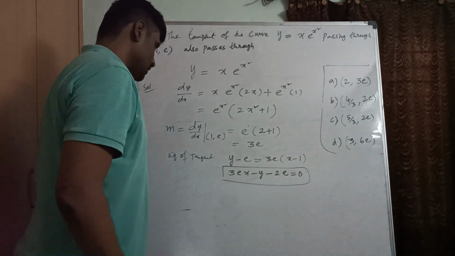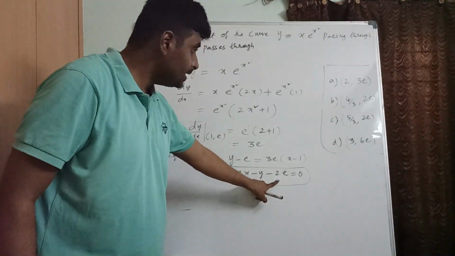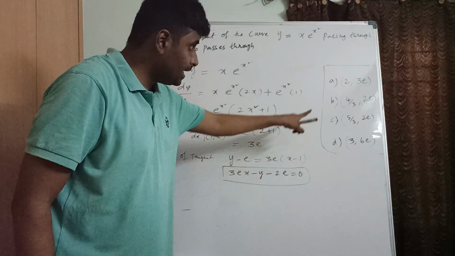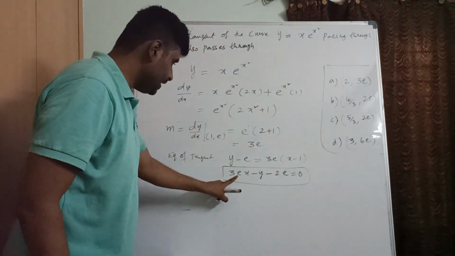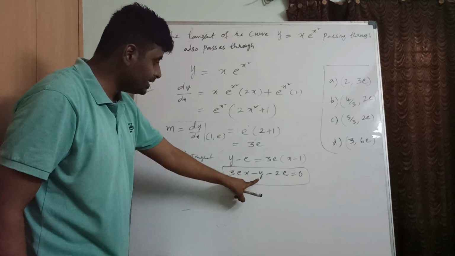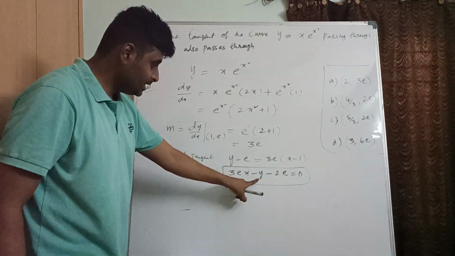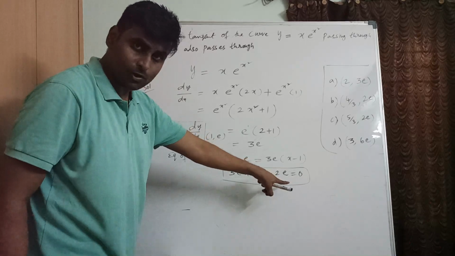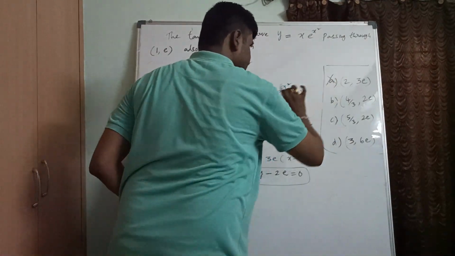Now have a look at that. Which will satisfy the given options? Can I put 2 comma 3 here? Put 2, 3: 2 times 3 is 6e, 6e minus 3e is 3e, 3e minus 2e is not 0. No, so the first option is not correct.